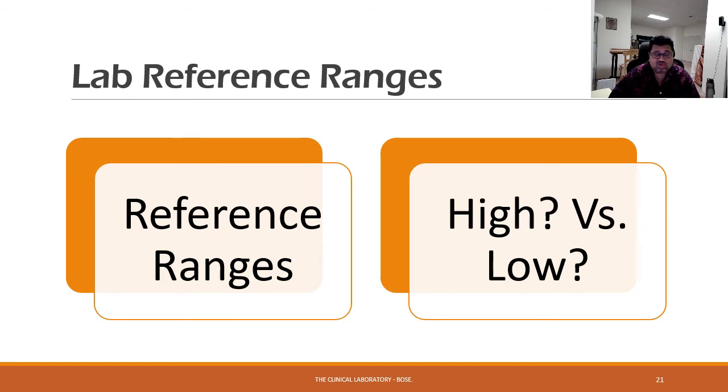Instead, you should be thinking, what is this low value related to? What is the impact of this low value on the patient? Or what the high value might be impacting on the patient? As an example, let's take the item hemoglobin, which is a pigment present in the red blood cells of the blood.